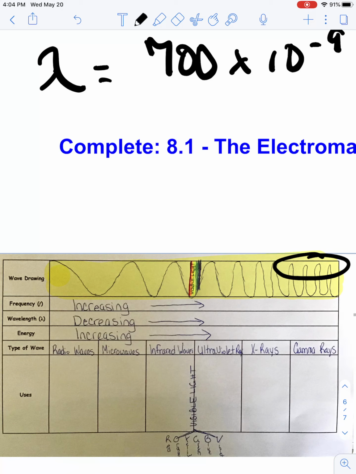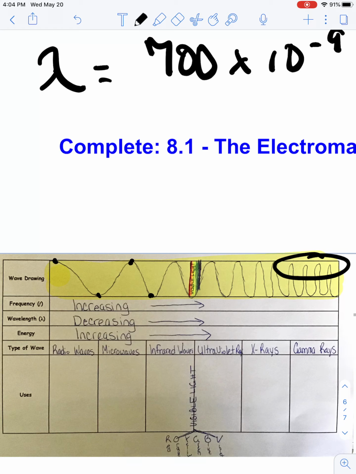Wavelength is decreasing. The amount of space between the top or the bottom of the waves is constantly decreasing as we move across. So the wavelengths are getting shorter, but the frequency of them is increasing.